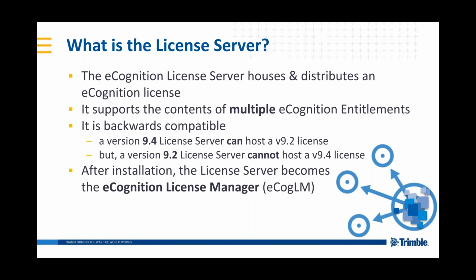But if you have the version 9.2 license server and you would like to host the new 9.4 license, that is not possible from an old license server to host a newer license of the software. So you'll have to update your license server with what we call every major release of eCognition.